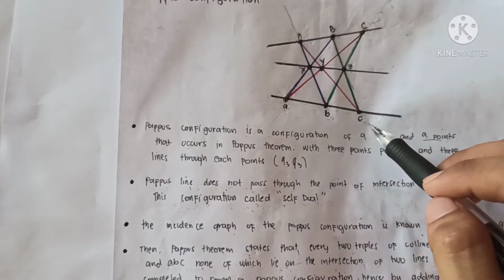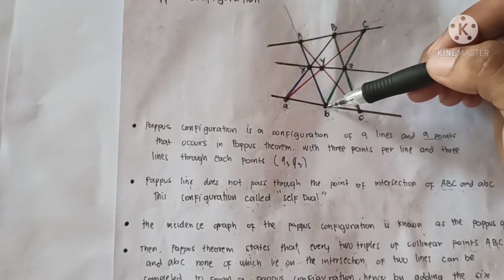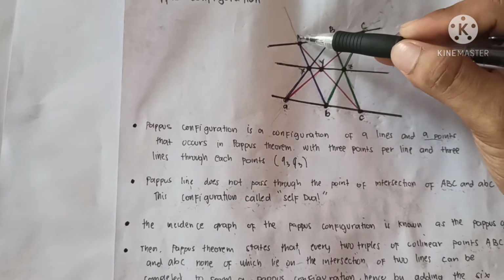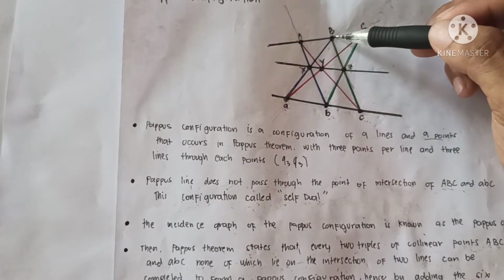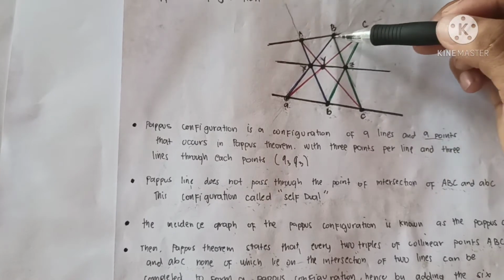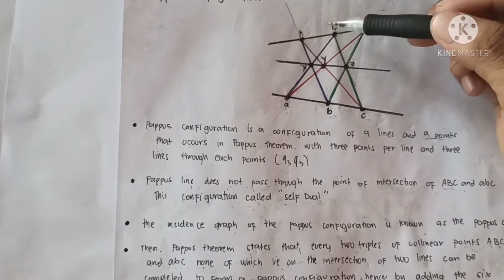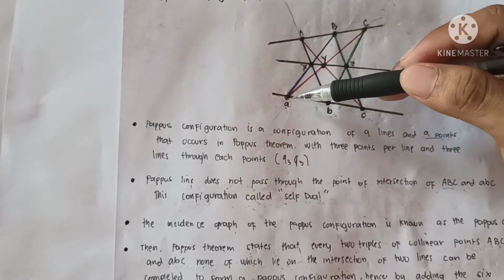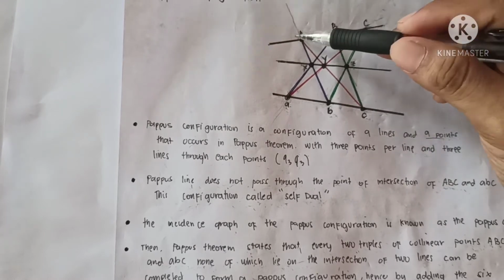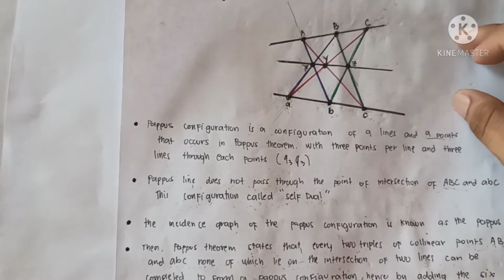And since the opposite sides, line large A, small b and small a, large B, are opposite, and also large B, small c and small b, large C are opposite sides, and also large A, small c and small a, large C are opposite sides, therefore this is called self-dual.